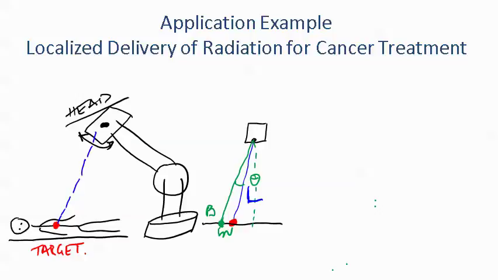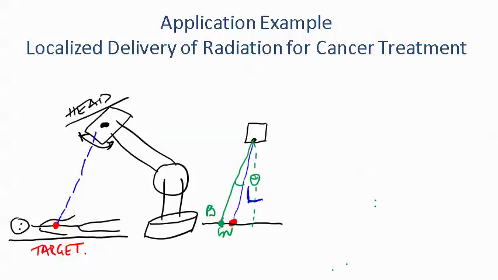So now we would like to apply trigonometric theory to find out this offset distance, because if the ray hits point B, it will be destroying healthy tissue instead of the cancerous area.